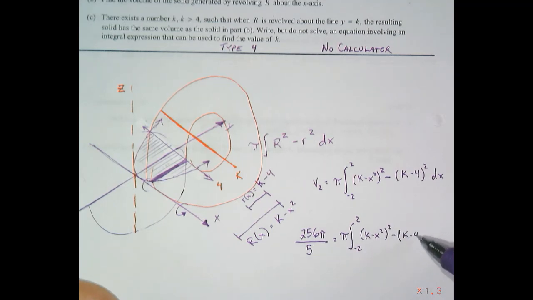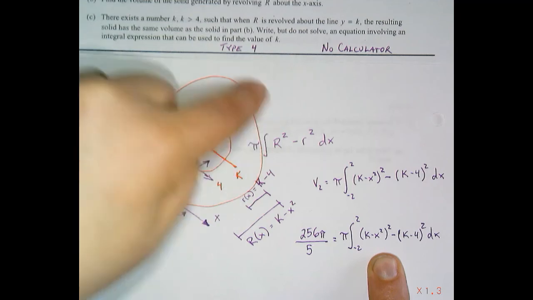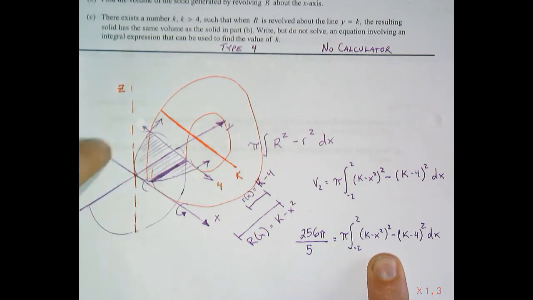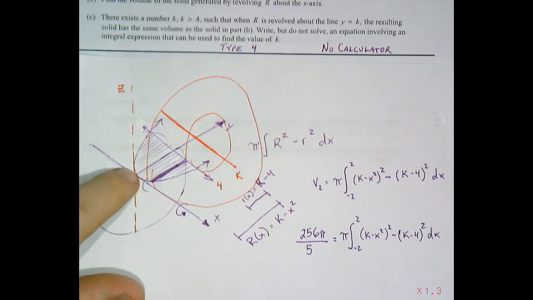This should, or it does, give us an equation in terms of k for which the volume of this region would wind up looking like the volume of the previous rotation. So if you're picturing what the two different regions look like, the first region was a little bit more like a yo-yo shape with a narrow spot at the center of the circle. And then this region, I guess, looks a little bit more like a donut.